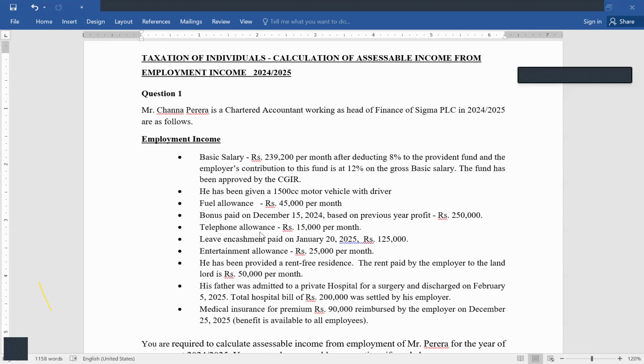So this is telephone allowance, 15,000 per month. We have to multiply it by 12 to calculate the year of assessment amount.